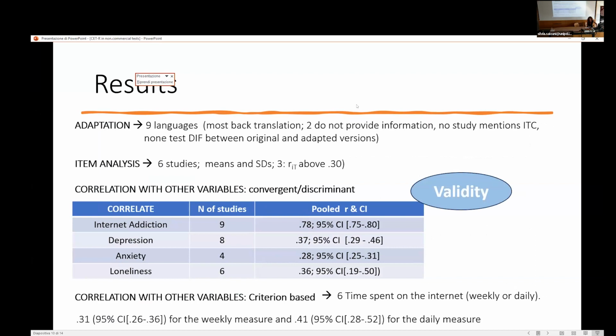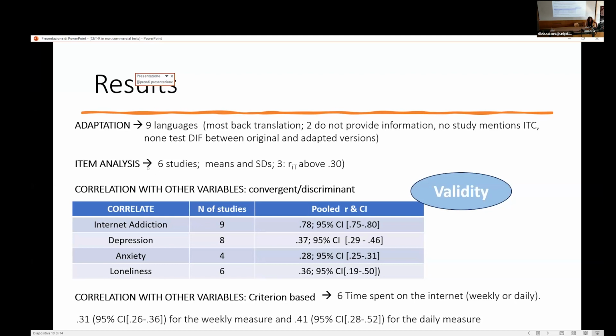The International Test Commission guidelines for test adaptation and translation were not mentioned in any of the studies, which is so surprising. And none of them tested for differential item functioning between the 2 versions, the original one and the adapted one.